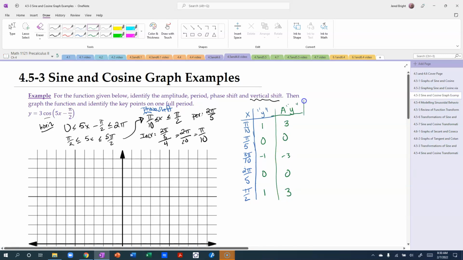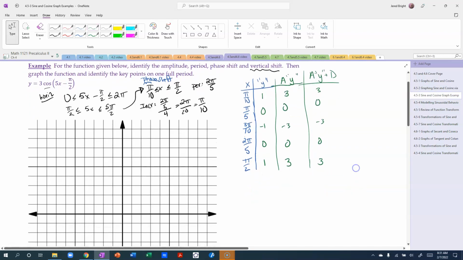Technically I'm done because there's no d, but normally I would do a y plus d, and so that is just the same as what I had in the previous column. So do it if you want, but you don't have to. Okay, so I have my points.